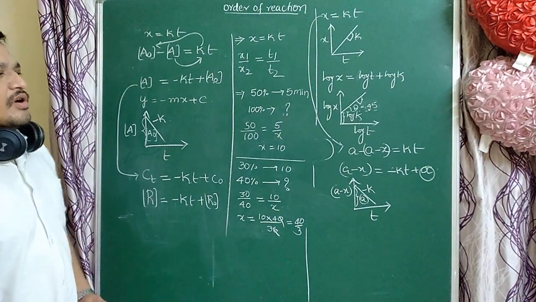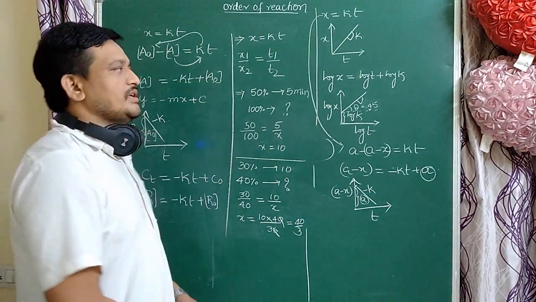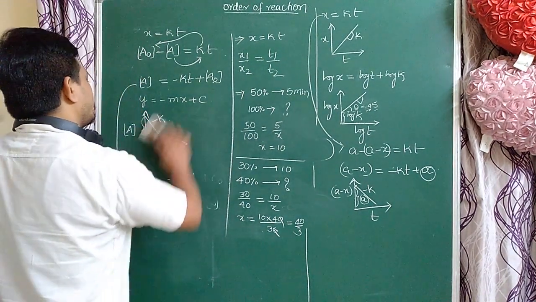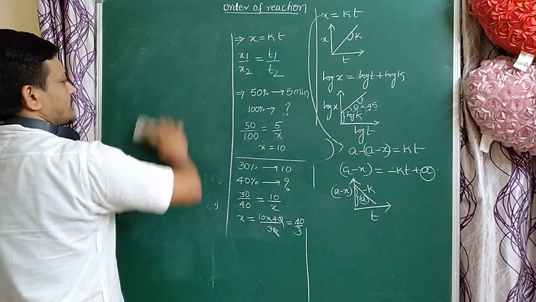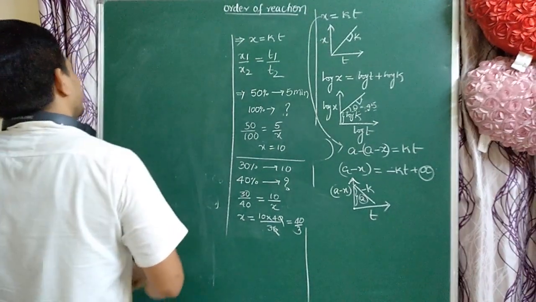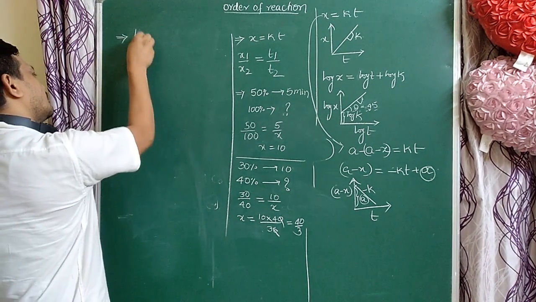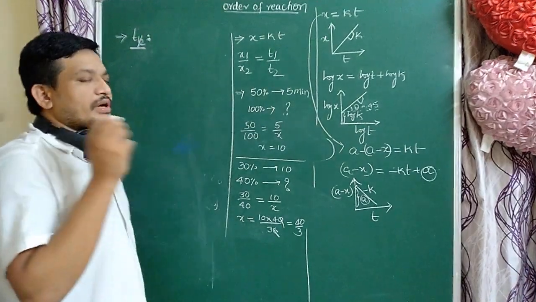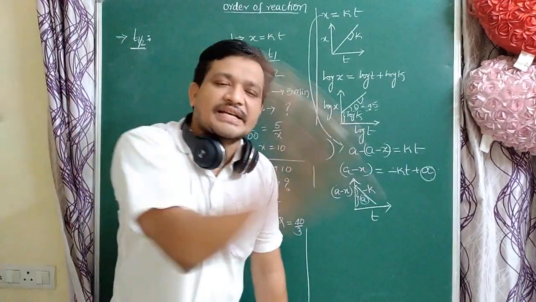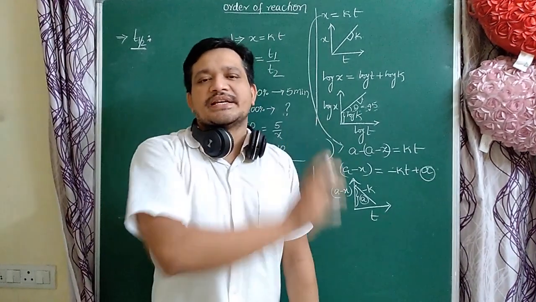So next, half-life of the zero order reaction. What is the half-life for any order of the reaction? Half-life is nothing but the time required to reduce to half of the initial concentration.